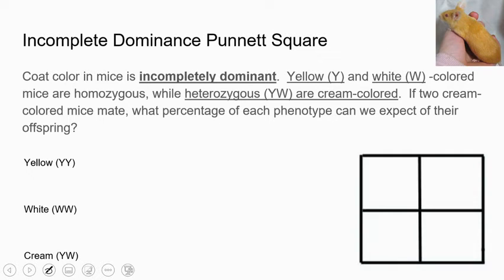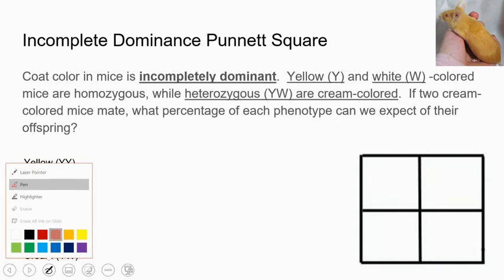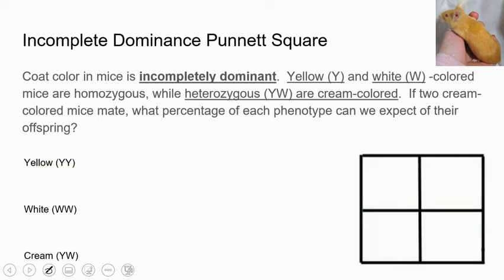All right, we're going to go over a few examples. I do want you to put each of these examples in your notes so you have it to refer back to. So you don't have to write down the problem, but I want you to copy the Punnett square that I do. So we're going to look at incomplete dominance first. So in this example, we're looking at some mice, and their coats can be yellow or white, okay?